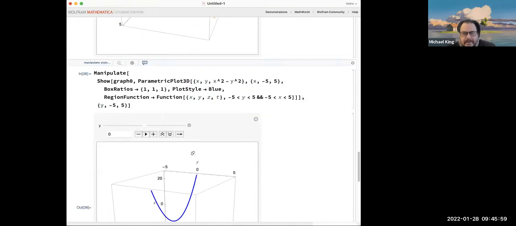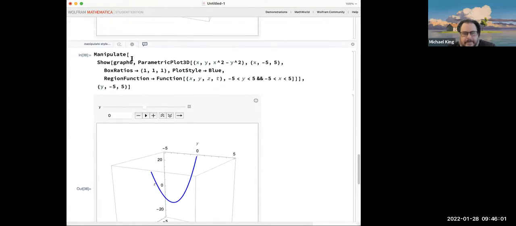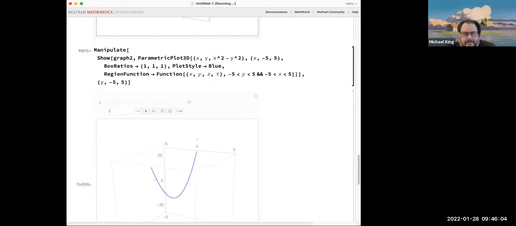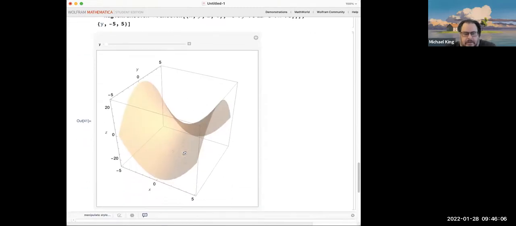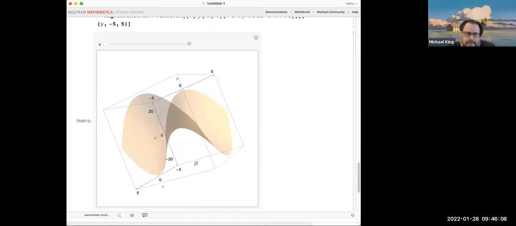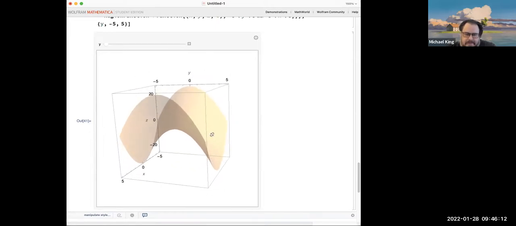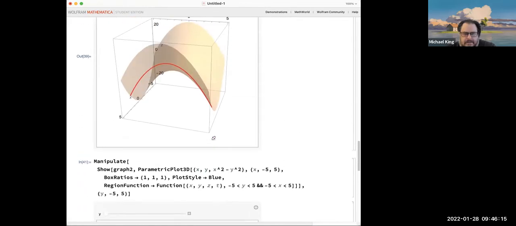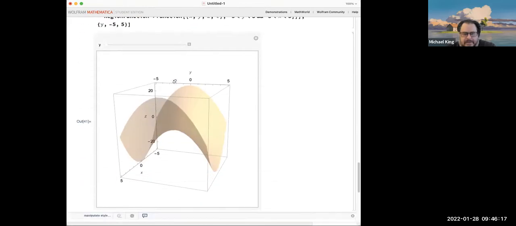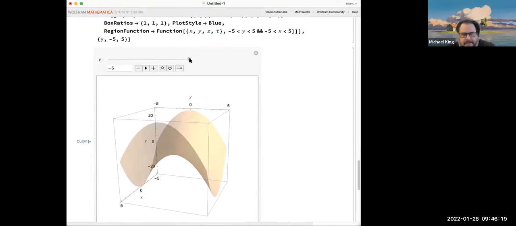And the same thing if I change this to graph 2 and reorient. Here we have these parabolas facing down, and here we have these parabolas going up.